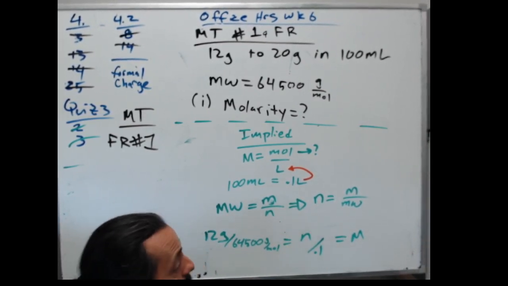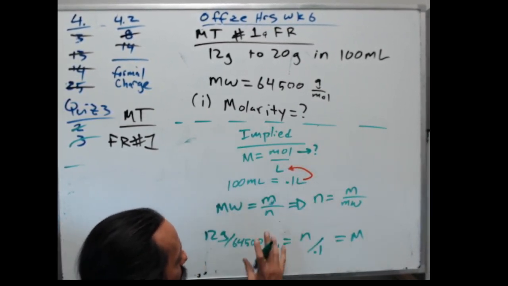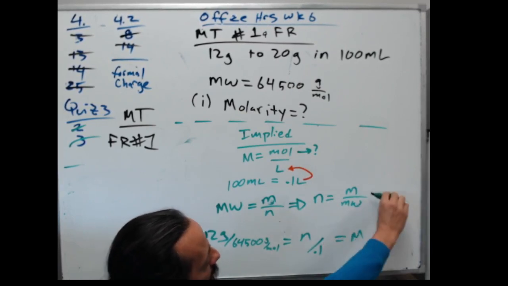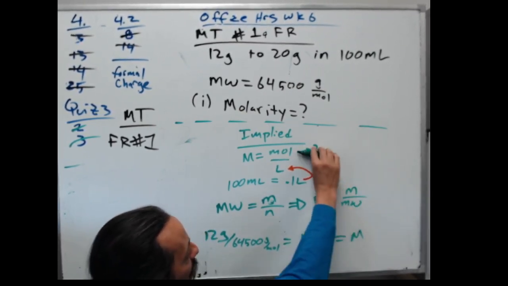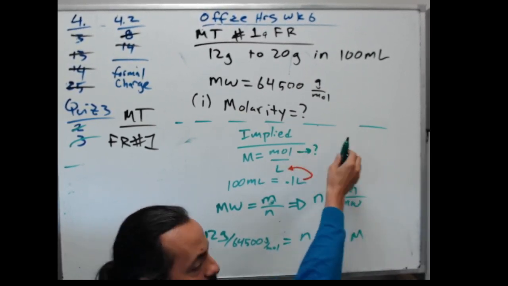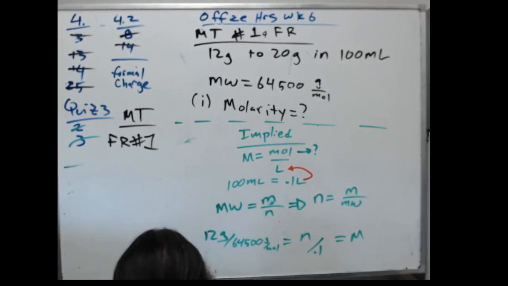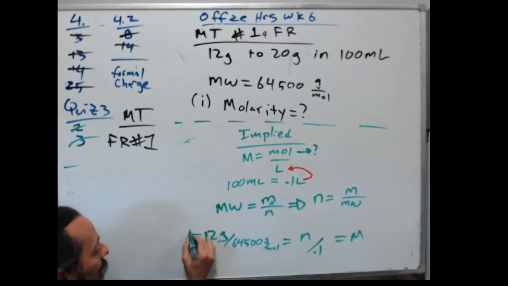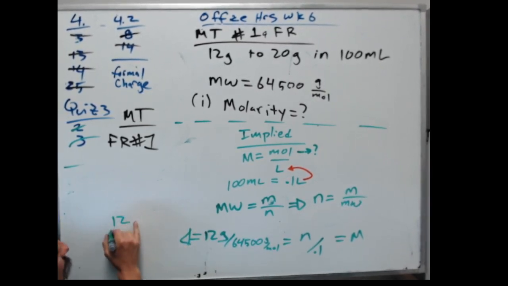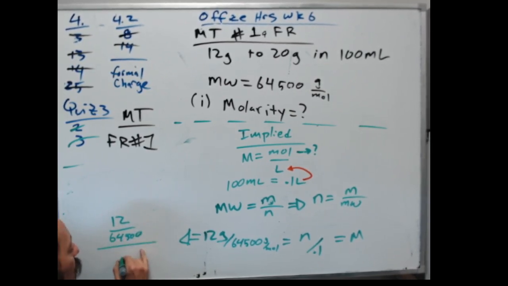So mathematically, when we go through all of this thinking, we start putting this together. We recognize mass divided by molecular weight gets me my moles. Moles divided by liters gets me my concentration. The calculation we need to do is just 12 divided by 64500 divided by 0.1.